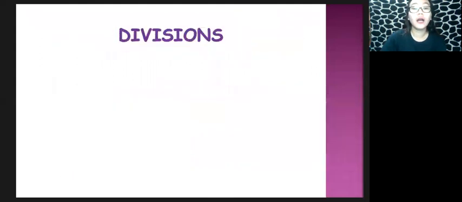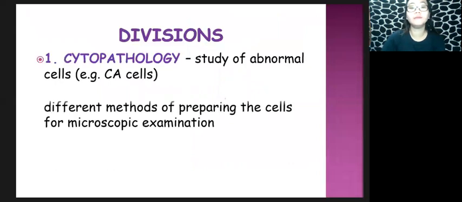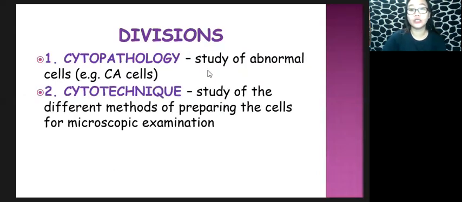There are two divisions of exfoliative cytology. Just like when we had our introductory discussion on histopathology or histotechniques, I also mentioned two divisions, and they are somewhat similar to one another. The only difference is that for exfoliative cytology, our concern is the cells themselves.